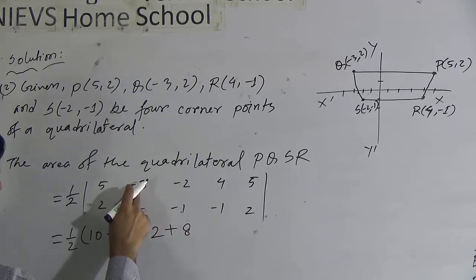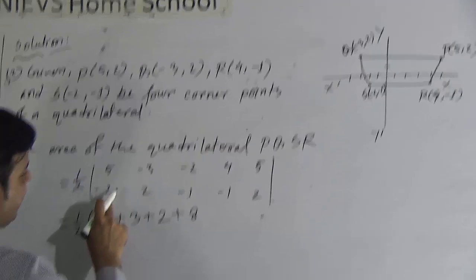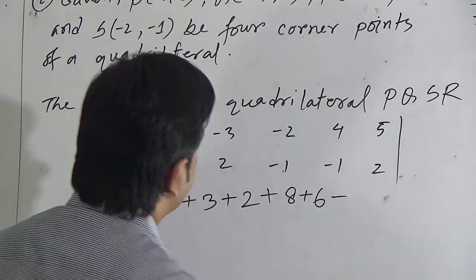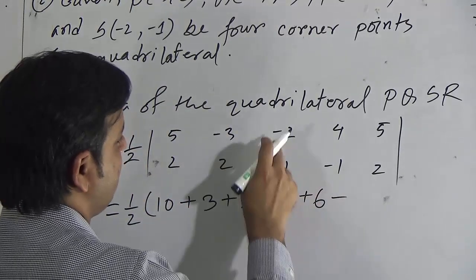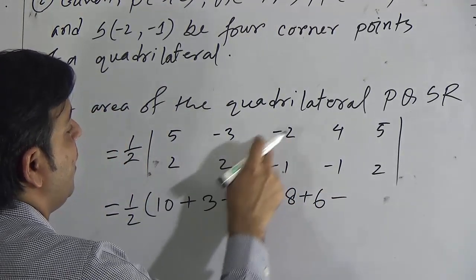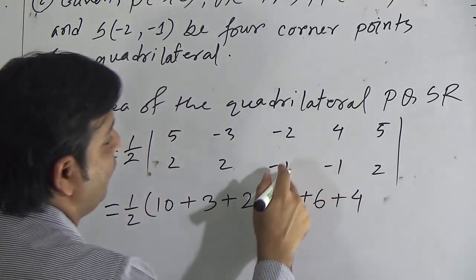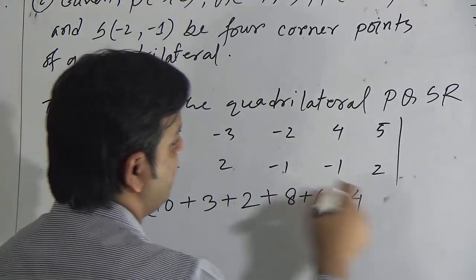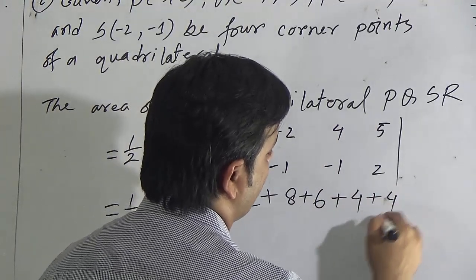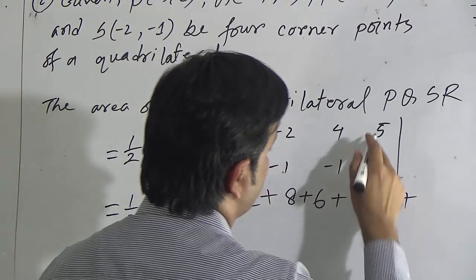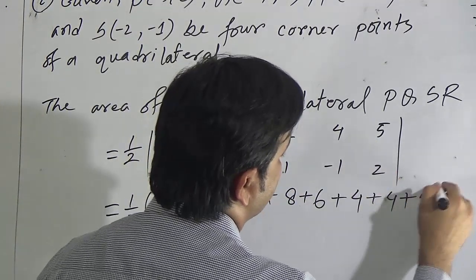This will be -3 and +2, that is -6, and here is minus, it means this will be +6. Then here should be minus in the formula, the product of 4 and -1 is -4, so this will be +4. Then the last one, this is also -5, it means this is +5.